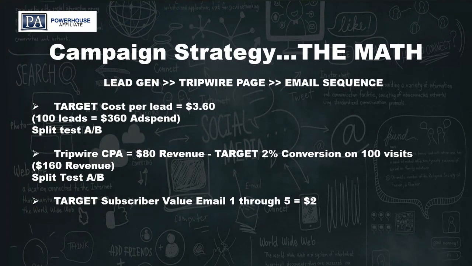So I'm saying, okay, $2 is realistic. At that point, that gives me another $200 revenue. So at this point, I've just got 100 leads, and I've spent $360, and I have $360 in revenue. This is based on just rough math and realistic numbers that I've come up with.